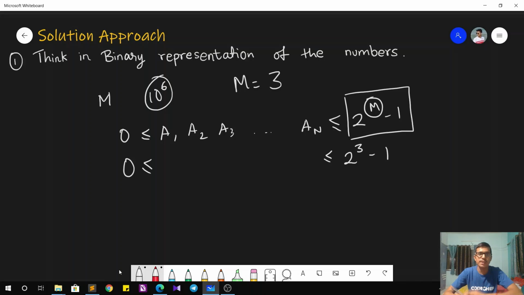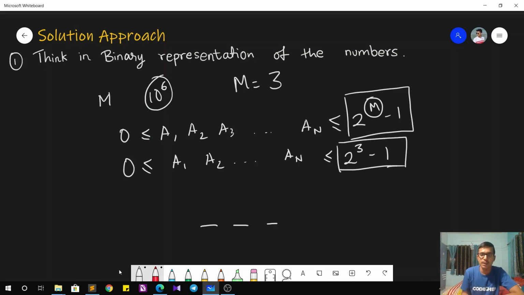This is one way of seeing the question, but the other way is that all the numbers a1, a2 up to an can be at max 3 bits, because 2 to the power 3 is 8, and 8 minus 1 is 7.